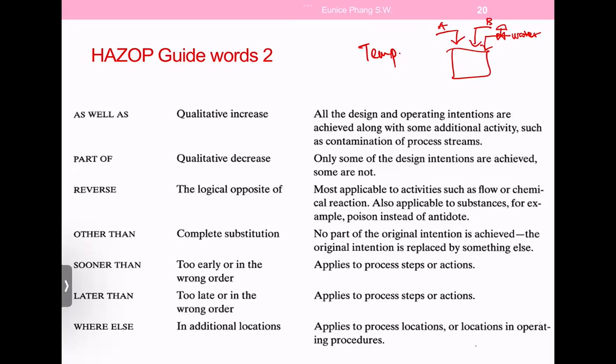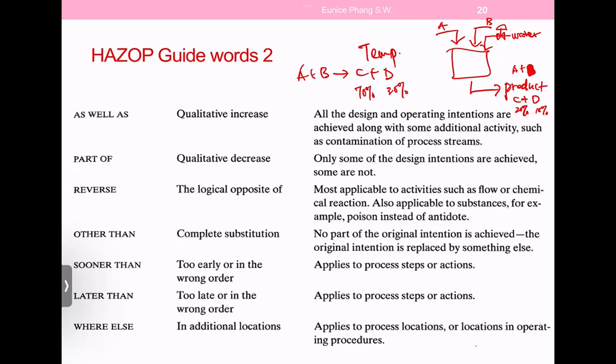Okay, part of. So it's always a qualitative decrease. Some of the design intentions are achieved, some are not. Part of can be used, for example, when we look at our product. When you have A plus B giving you C plus D, and C plus D is here, but when you check, you're supposed to have like 70% C, 30% D, but you only have perhaps 20% here, 10% here, and then you have A and B in here.